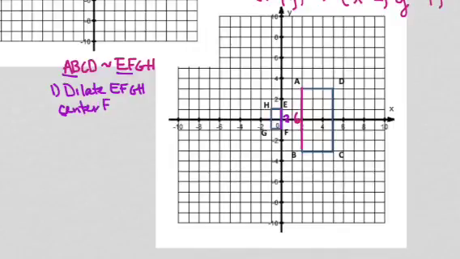So to use center F, what I have to do is, from point F, I have to make the side length, EF, 3 times bigger. So scale factor is 3.